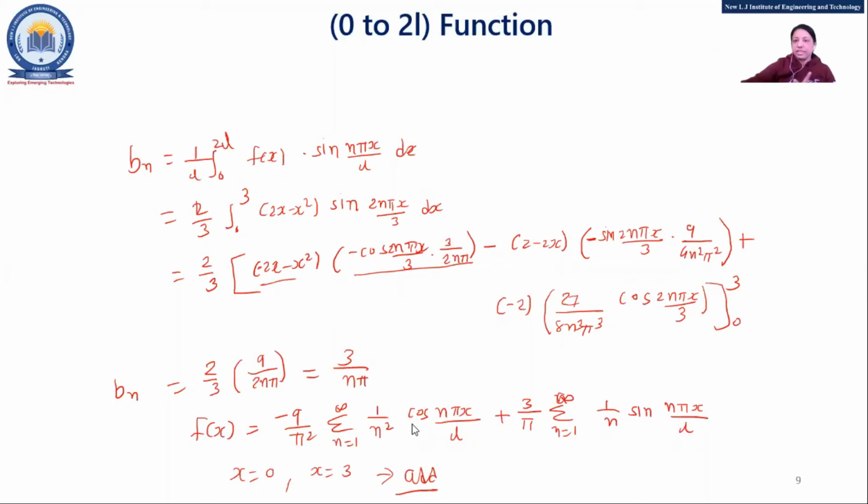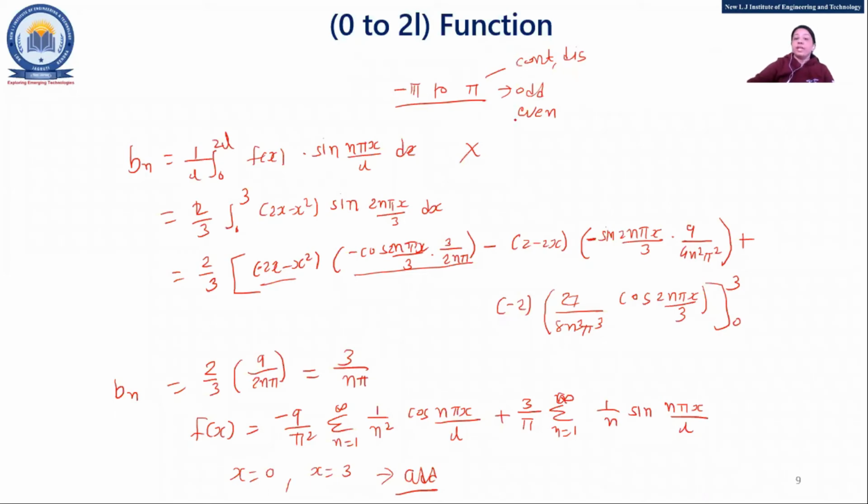Fine. See, the first thing is, for odd even, you have to check whether your interval is from minus pi to pi. If your interval is minus pi to pi, then you will go for the odd and even concept, otherwise not. That is the first step. The next is that minus pi to pi again has two types of question: either it will be continuous or discontinuous.